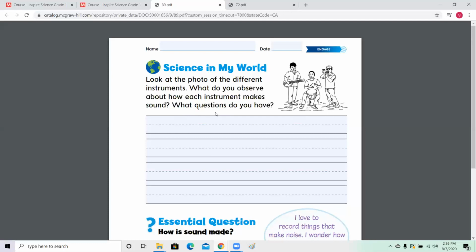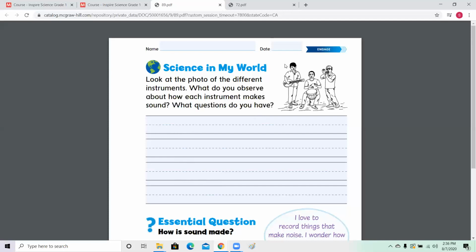I can think of how do the drums make funny sounds? Or why does the horn make different sounds than the drums or than the guitar? Or why are the children playing different instruments?